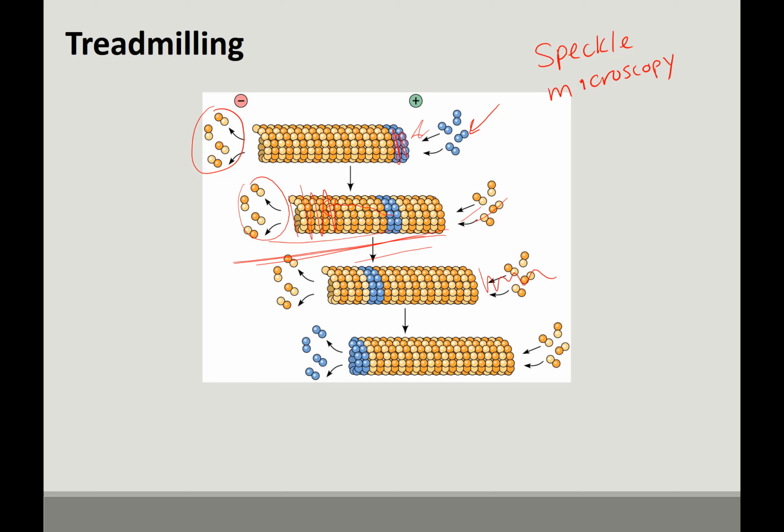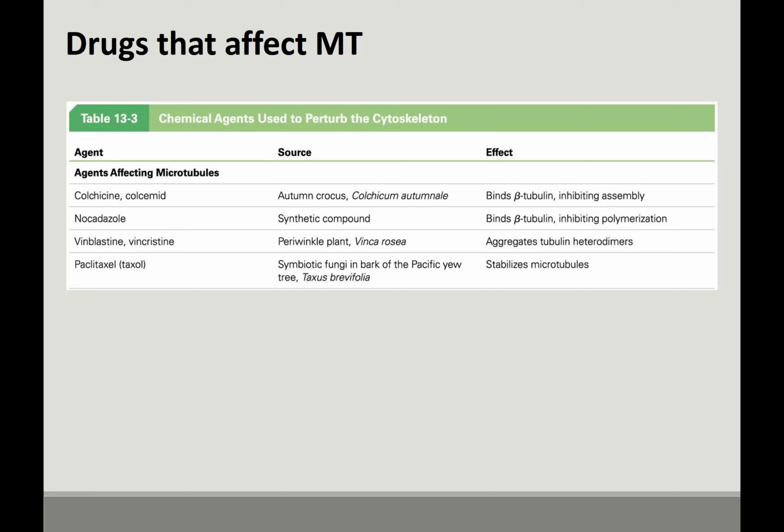Another way we can look at microtubules is using drugs, so using chemicals that affect microtubule polymerization. The ones that are on your chart to be familiar with for your quizzes and exams. Colchicine is a drug that is used quite often, especially when we were first studying cell division.